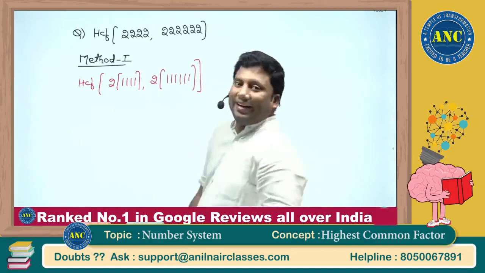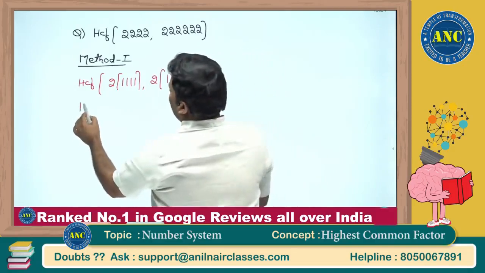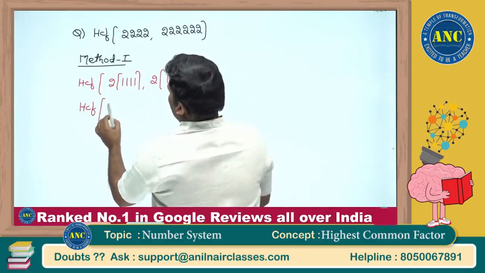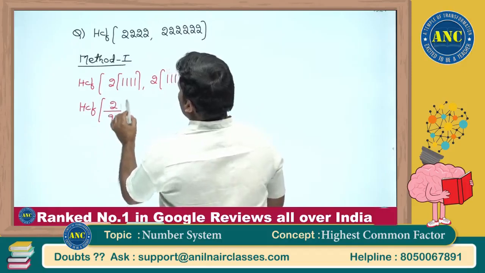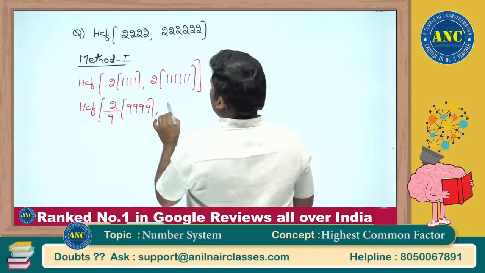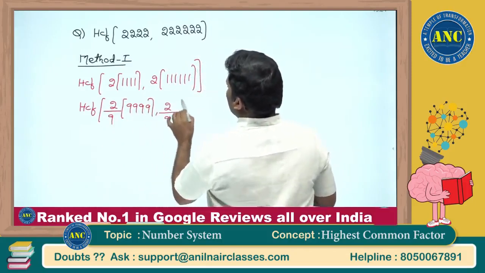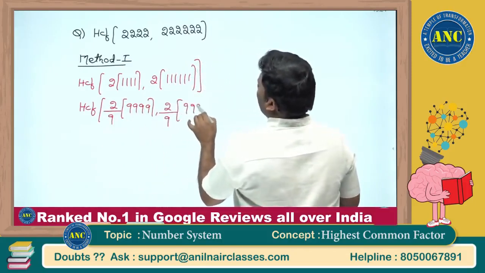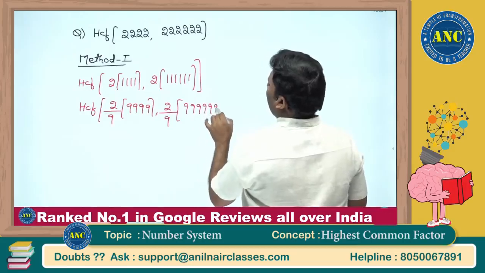I hope the idea is clear. So this will be HCF of 2 by 9 into 9 written 4 times, 2 by 9 into 9 written 6 times. I multiplied and divided by 9.